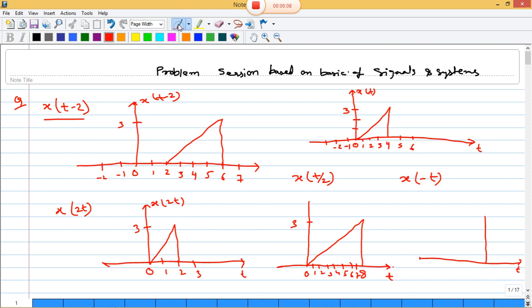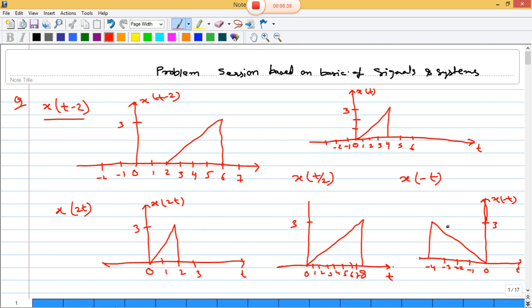Okay. So minus 3, minus 2, minus 1 and 0. And the magnitude will be 3. This is x(-t). Is that clear?